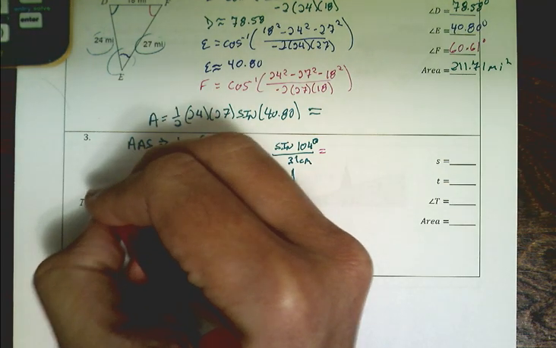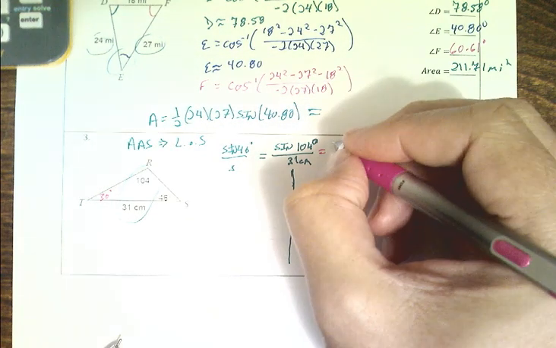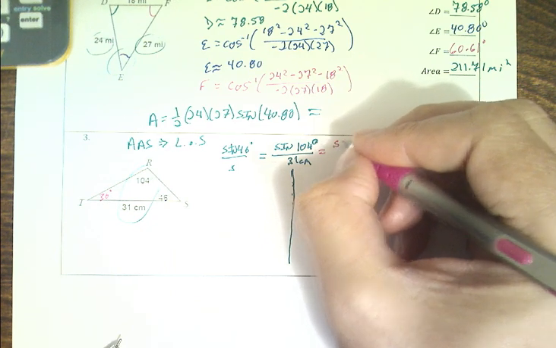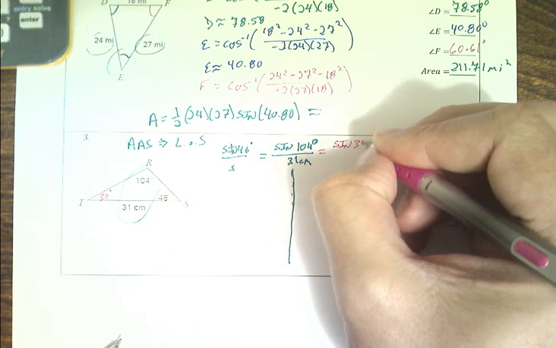So this should be 30 degrees right here. Is going to be equal to sine of 30 degrees.